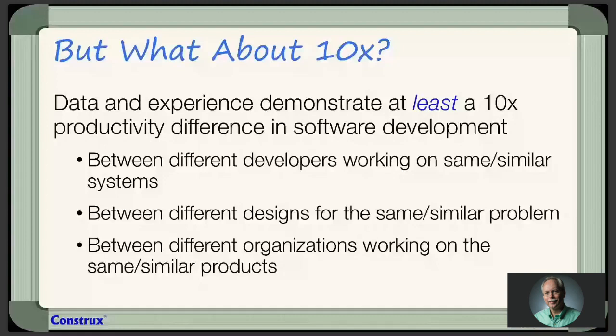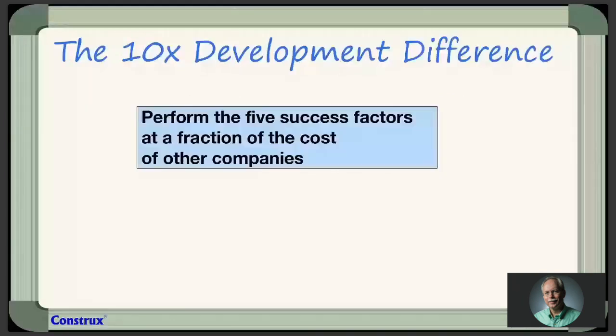So what is it that makes 10x different from all these other people? Well, I think to be 10x, you have to do those 5 success factors, that being on time, on budget, desired functionality, desired quality level, sustainable, at a fraction of the cost of other companies. I think that's what 10x really means here.